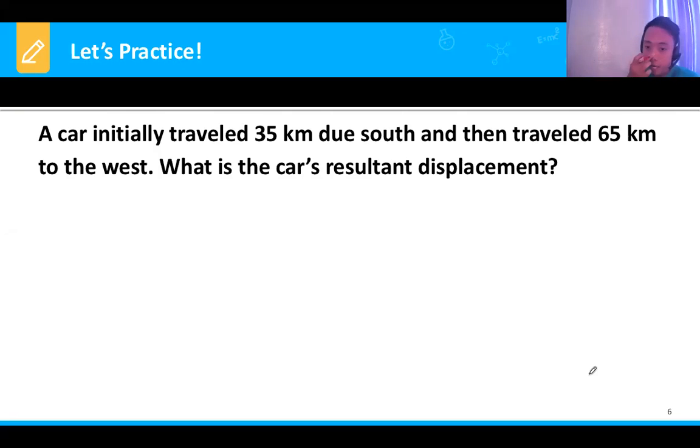Okay, so we have here 35 kilometers south, and 65 kilometers west.